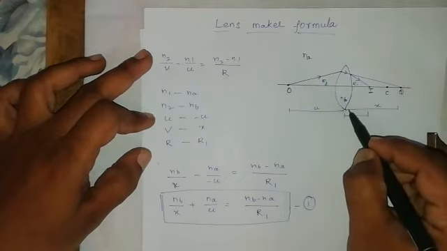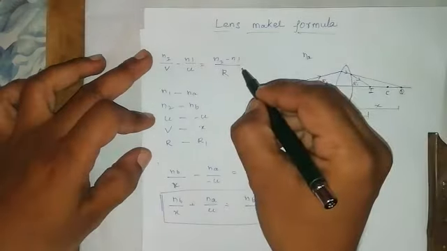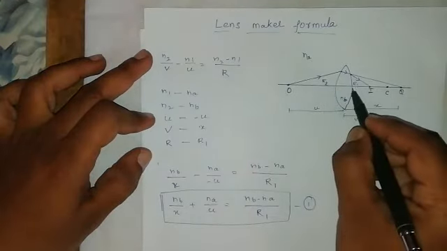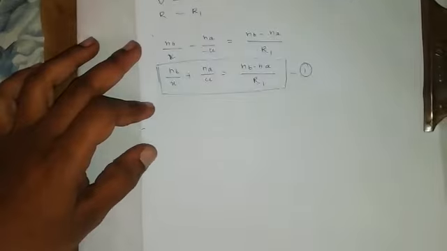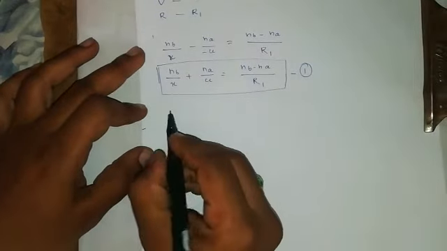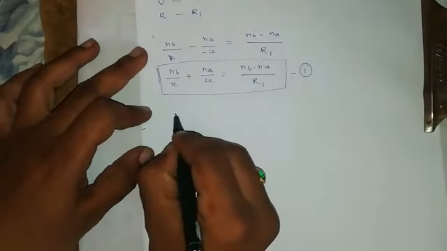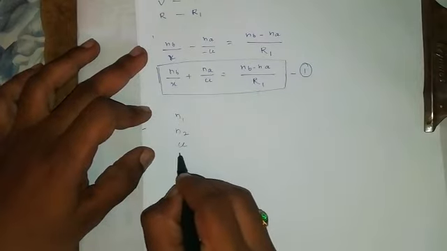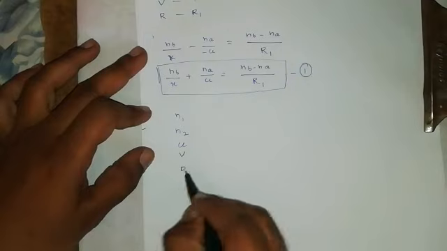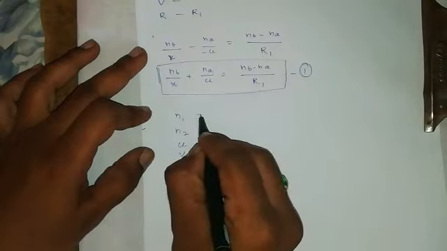So let us write the same refraction formula for the second curved surface. Let me write what n1, n2, u, v and r are. What is n1?